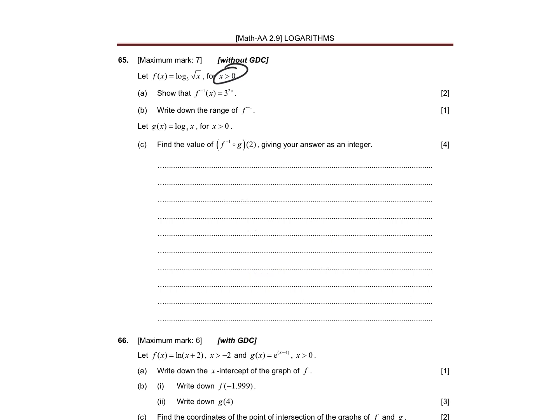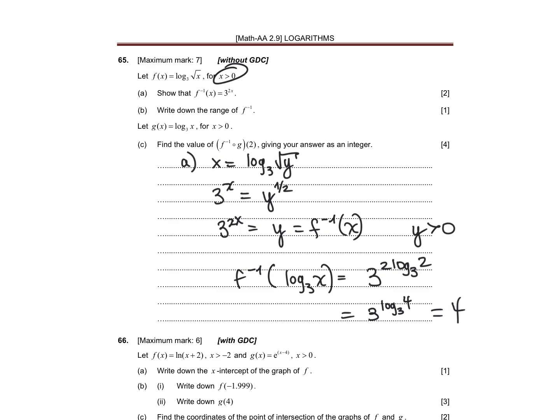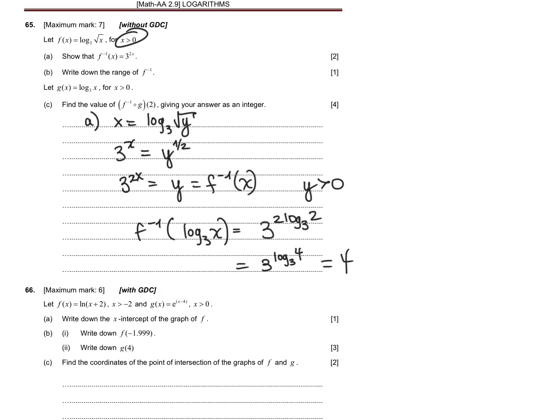And this is just equal to 4. Because if we have y equals 3 to the log base 3 of 4, and we write this logarithmically, we have log base 3 of y equals log base 3 of 4. So right there you can see y is 4.